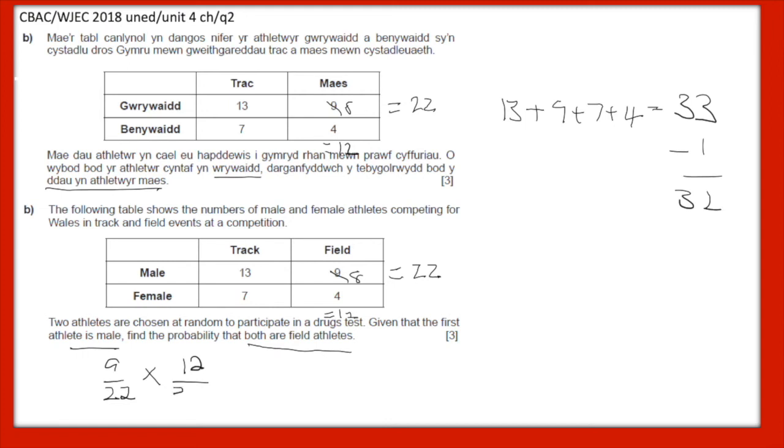So the probability I want is that the first athlete is a field athlete and a male, and the second athlete is a field athlete. It doesn't matter whether it's male or female, hence the 12 out of 32, because I've taken one off already. A quick bit of multiplication going on here. Your calculator will do it for you. It gives you a probability of 27 over 176.